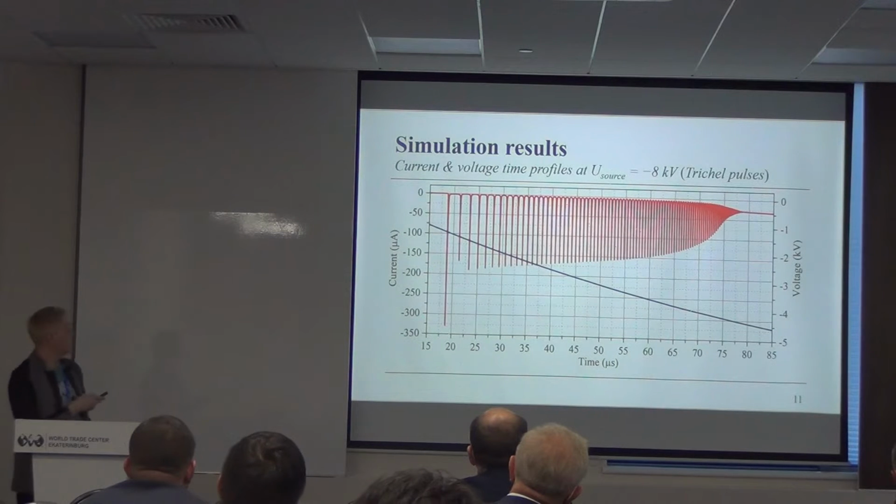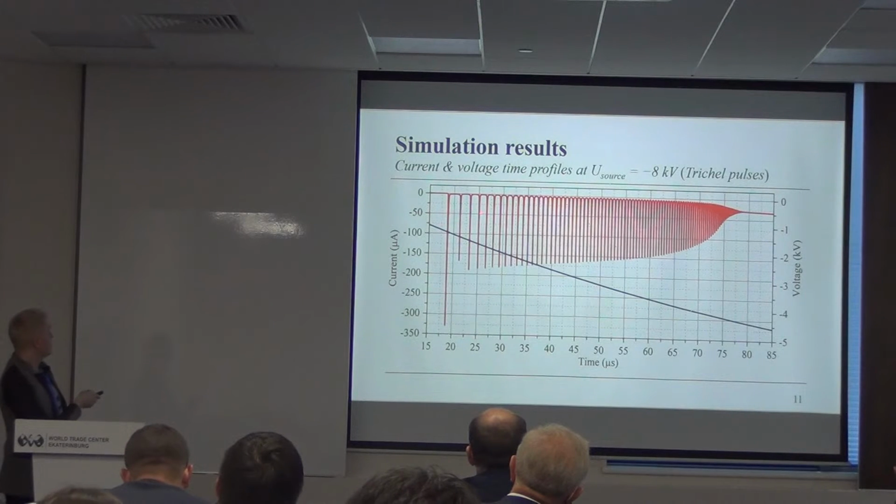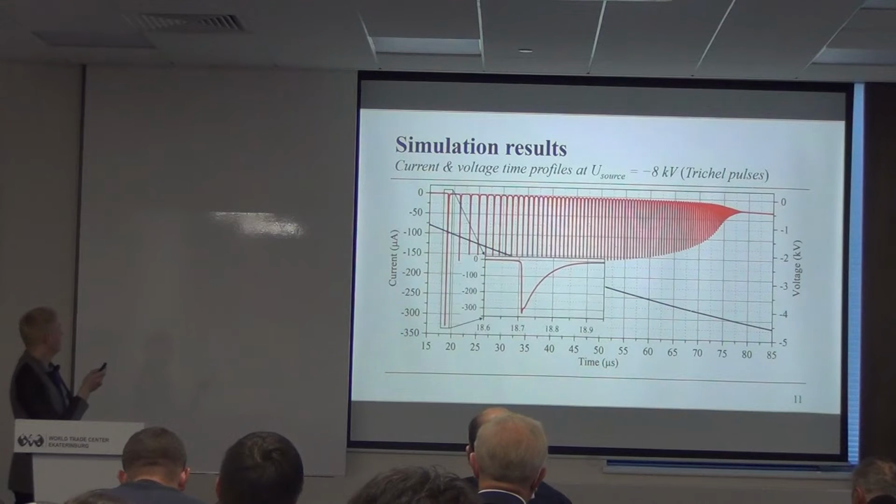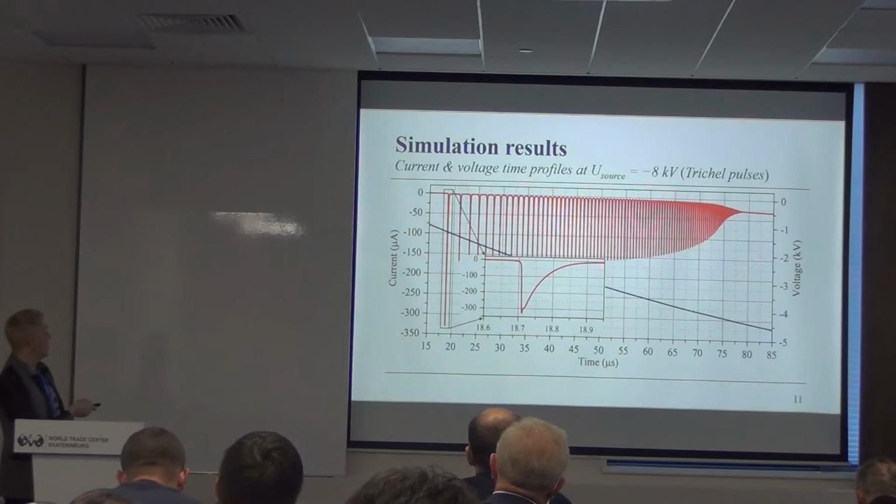Now let's move to the results. Now you can see all the Trichel pulses in time. It's about 100 pulses. The amplitude of the first pulse is 2-3 times larger than the amplitude of subsequent pulses.